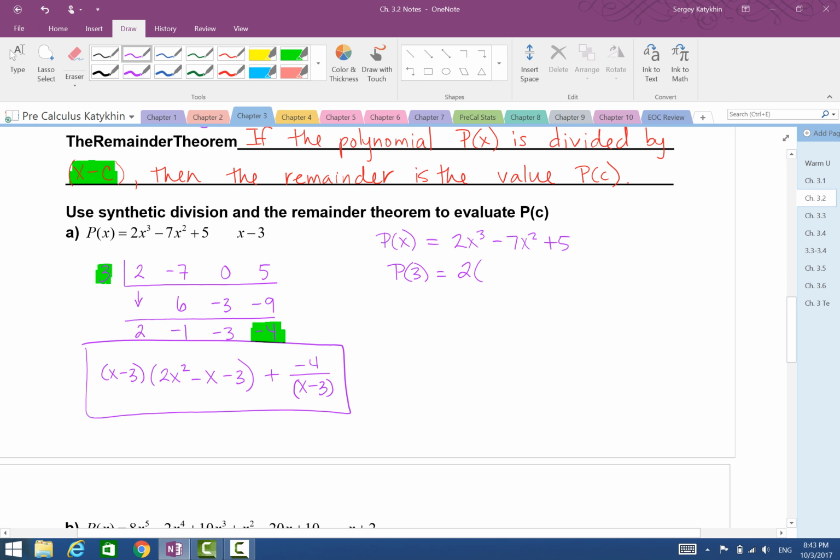We get 2 times 3 cubed minus 7 times 3 squared plus 5.